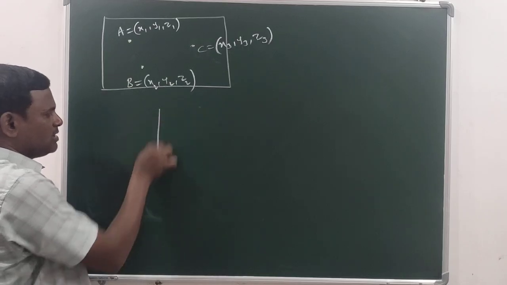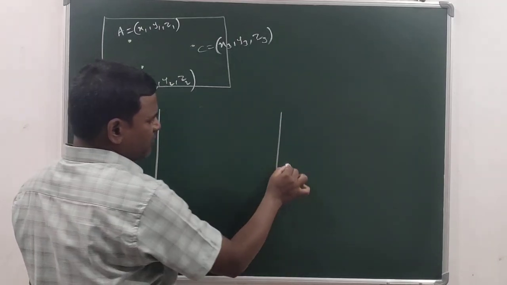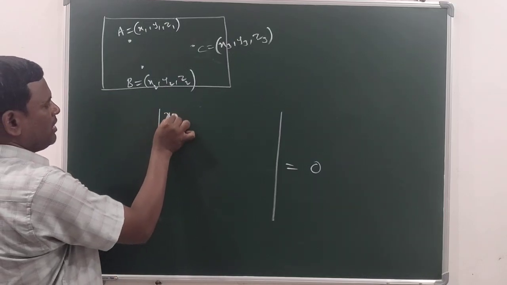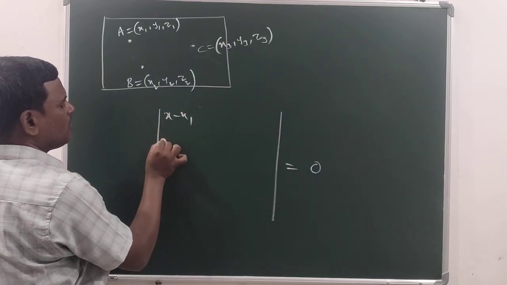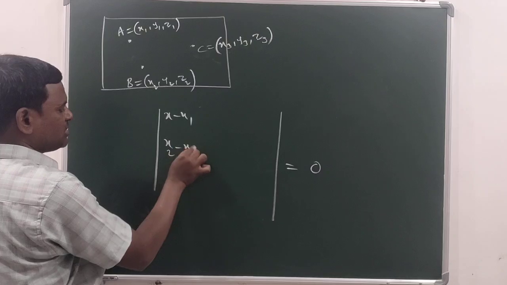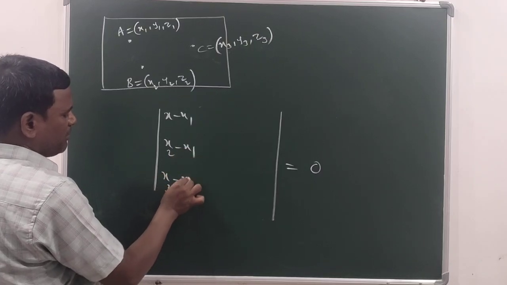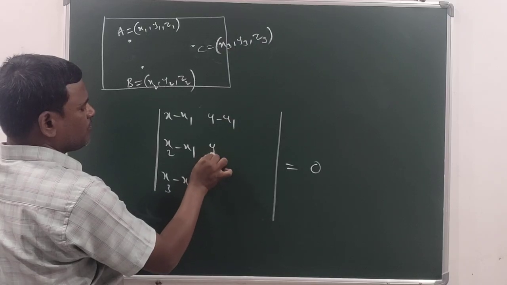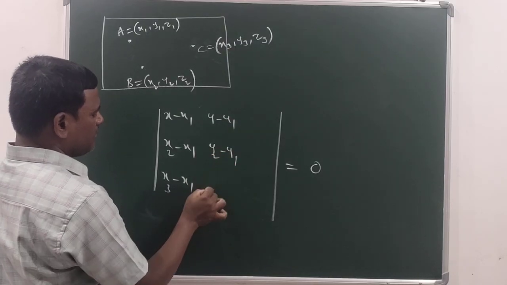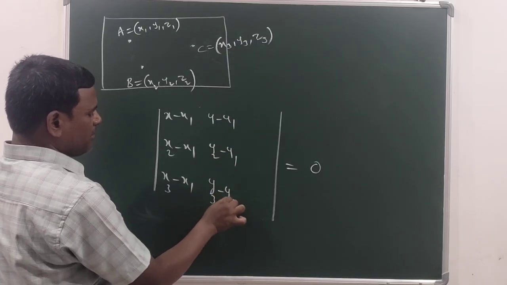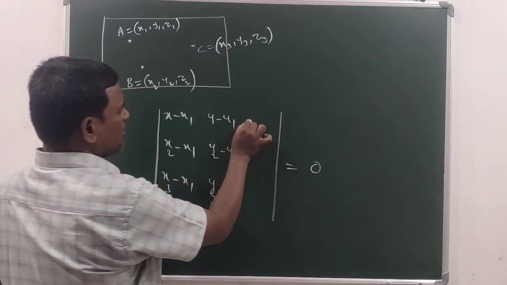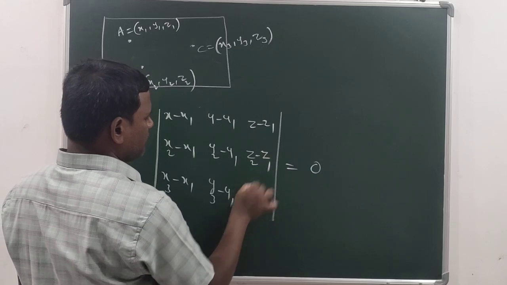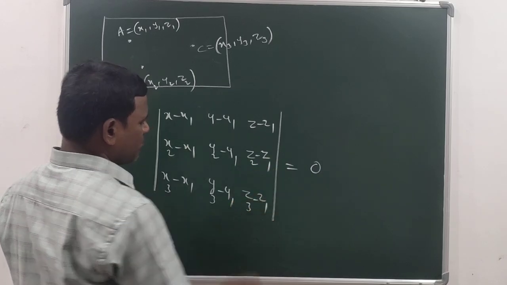Whenever three points on the plane are given, use this formula to find the equation of that plane: X minus X1, X2 minus X1, X3 minus X1; Y minus Y1, Y2 minus Y1, Y3 minus Y1; Z minus Z1, Z2 minus Z1, Z3 minus Z1, which is equal to 0.